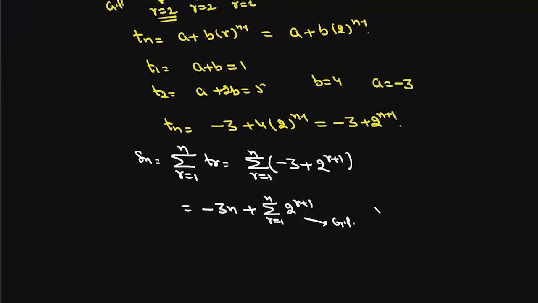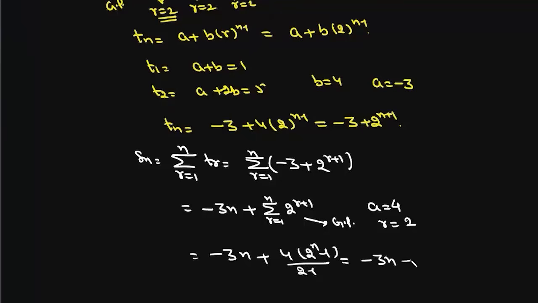Now for this GP, the first term, when you put r as 1, is 4, common ratio is 2, and number of terms is n. So we can write this as minus 3n, and this is 4 into 2 to the power n minus 1 upon 2 minus 1. So it will be minus 3n plus 2 to the power of n plus 2 minus 4. And that's the answer to this first question.